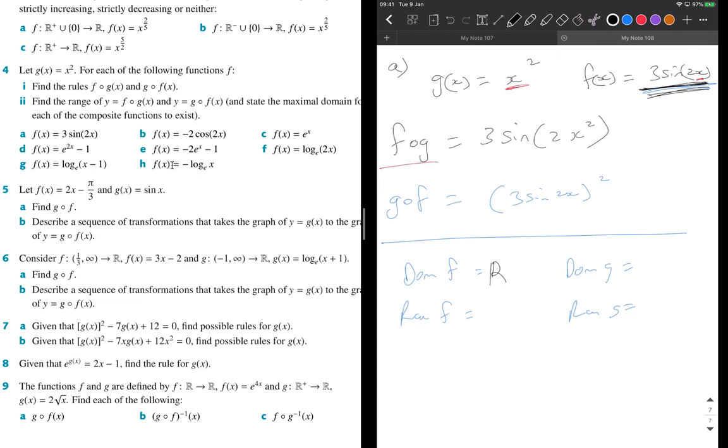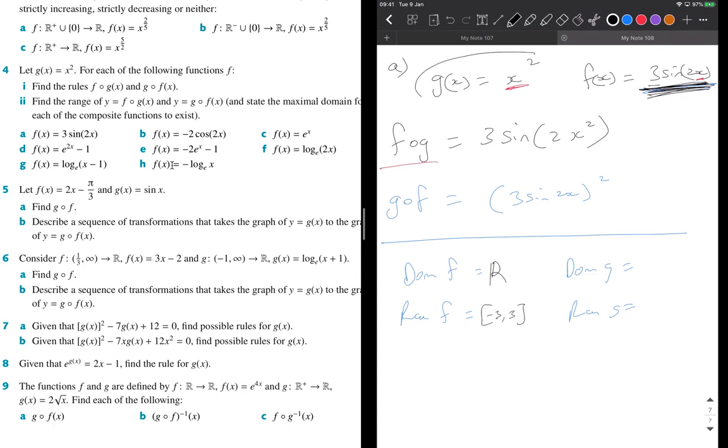The range of f, now we know the range of a sine value is the center line plus or minus the amplitude. So this doesn't have anything added or subtracted on the end, so the center line is at 0, and the amplitude is 3, so it's going up 3 and down 3, so the range will be -3 to 3.